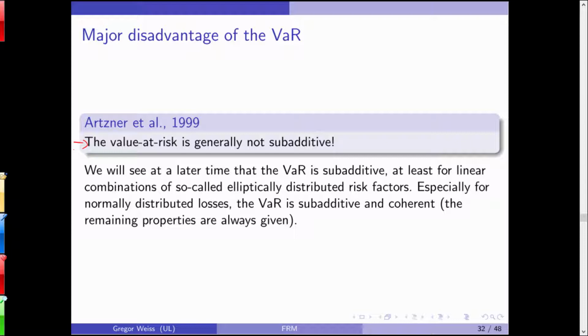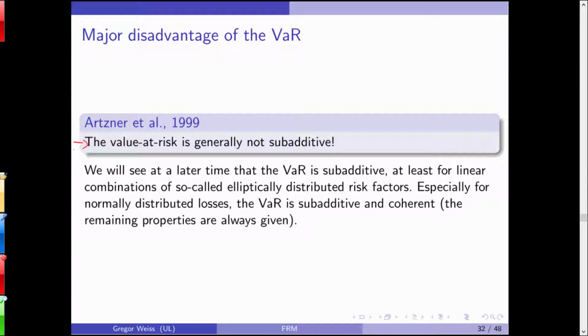It could be that if you take two risks and you estimate the value at risk of those two individual risks, and then you combine them in the portfolio, you get a VaR that is actually higher in the portfolio than the sum of the individual VaRs. And this should not be. Diversification is punished by using a value at risk in some cases.